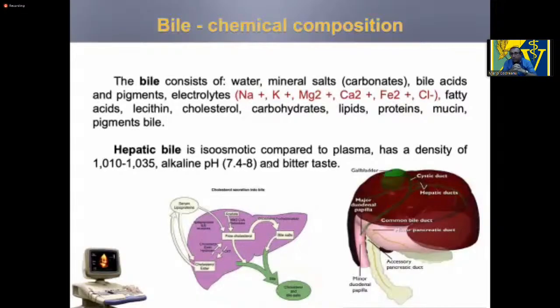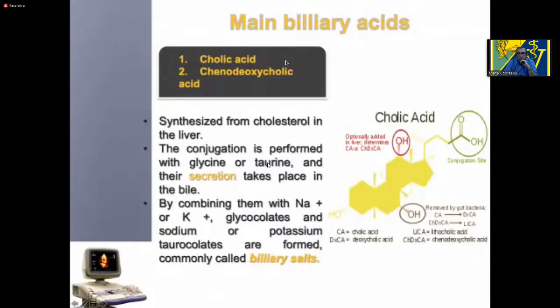The hepatic bile is isosmotic compared to plasma, its density is between 1,010 and 1,035, its pH is alkaline, and as regarding the taste, it's a very intense, bitter taste, and this is very important to understand probably the effects and the involvement in their specific physiology.